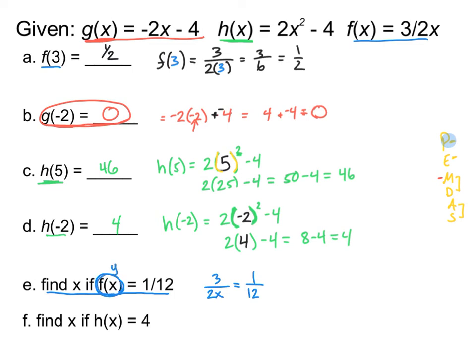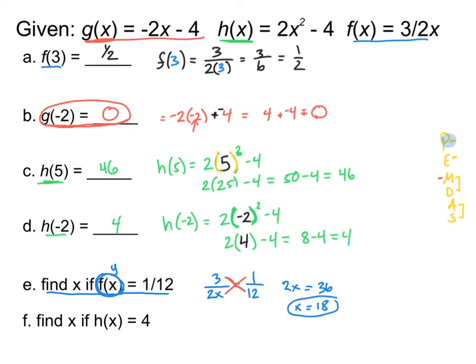Now how do you solve a fraction next to a fraction? What you do there is, again, called cross multiplication. We multiply 3 by 12, which is 36, and 1 by 2x is 2x, so 2x equals 36, and then x would equal 18. So there is the answer there.